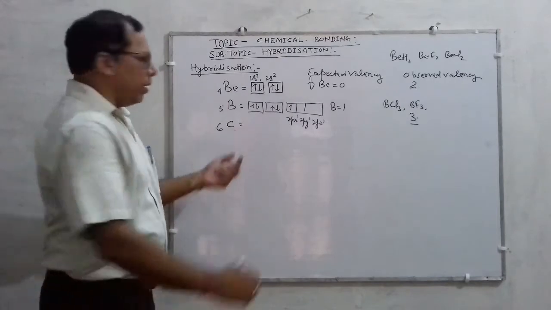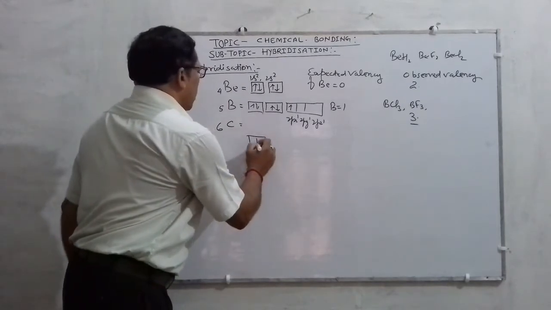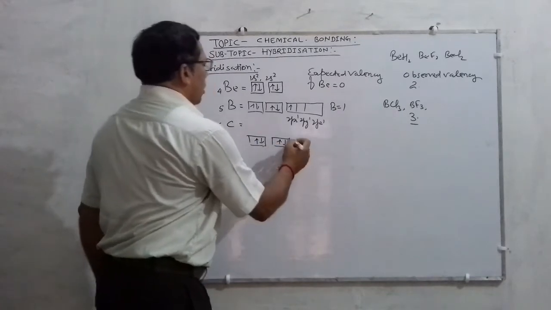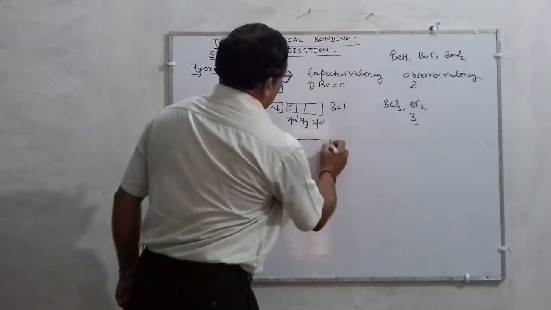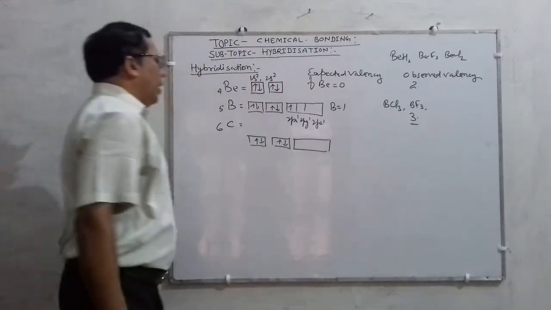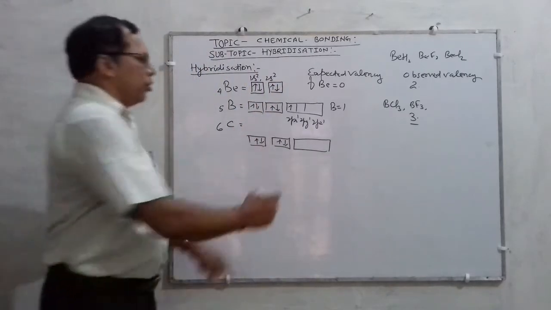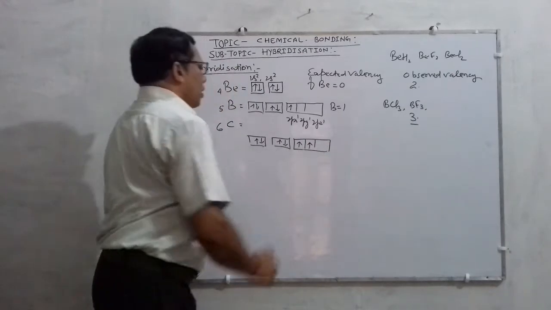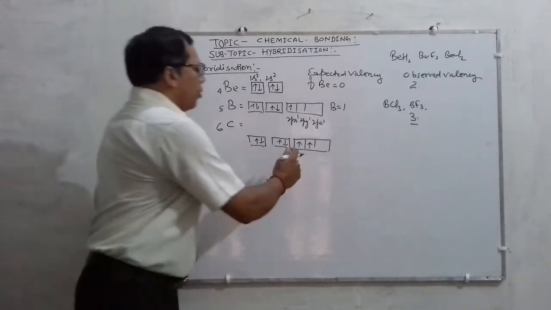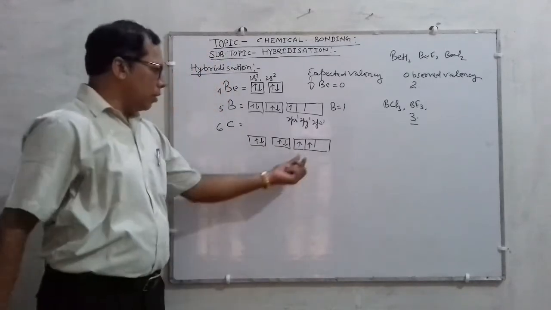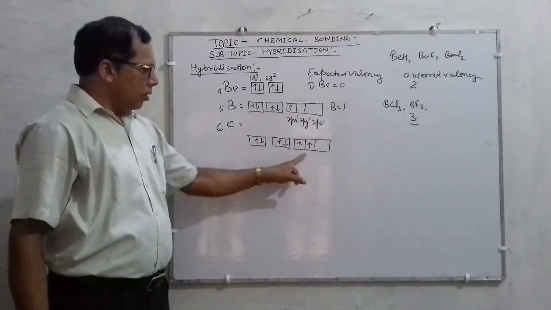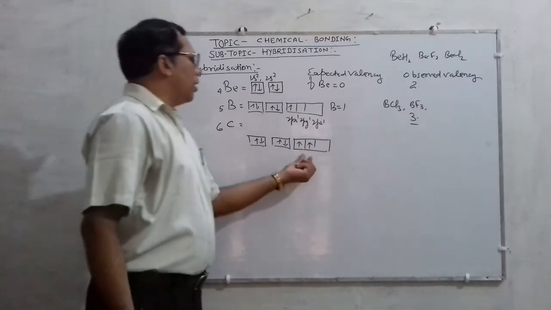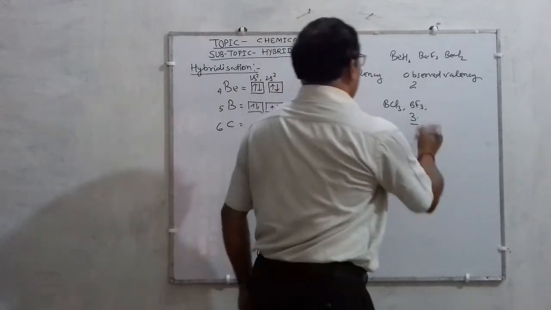Similarly, in the case of carbon, if you write the electronic configuration, two orbitals are unfilled, having only one electron each.